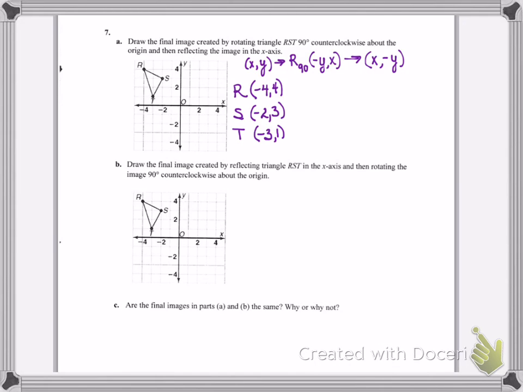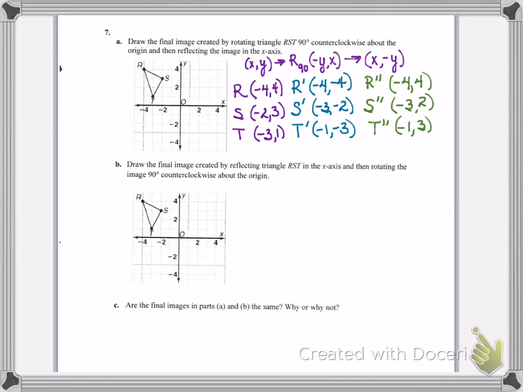Now what I want you to do is follow the rule for a 90-degree counterclockwise rotation. So check with mine. Those are the new ordered pairs for the image of r, the image of s, and the image of t. Now flip that over the x-axis.